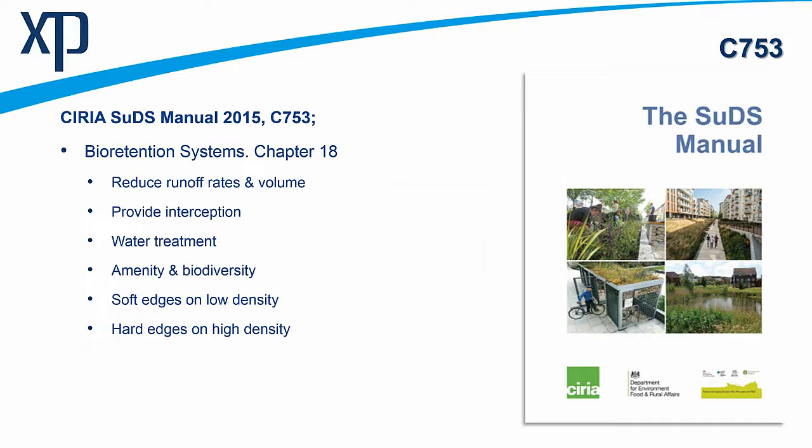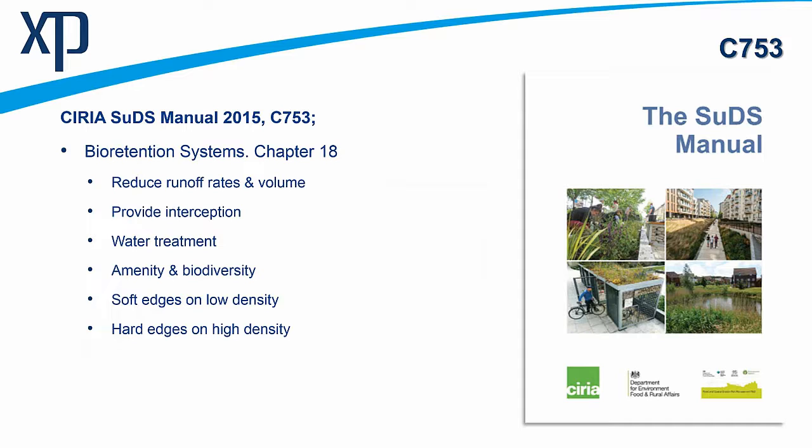But also we're satisfying those other pillars coming out of the SuDS manual. We're providing water treatment because of the filter layers down below the surface. Treatment because of the vegetation actually on the surface even before the runoff is filtered down below. We're also providing super amenity value in terms of the greenery, the green infrastructure, and an enhancement to the biodiversity as well.